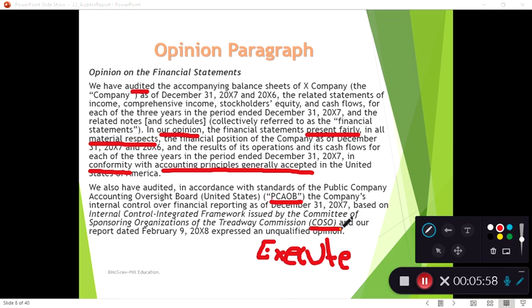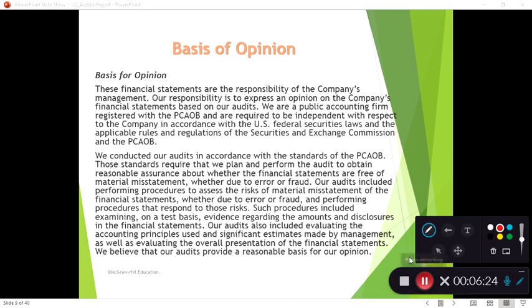And also COSO when we're thinking about the internal controls. Okay? And notice here there's essentially the second opinion and around internal controls. And we'll talk about that when we get to chapter 18. But just recognize this is usually going to be in the opinion paragraph, or opinion first two paragraphs.